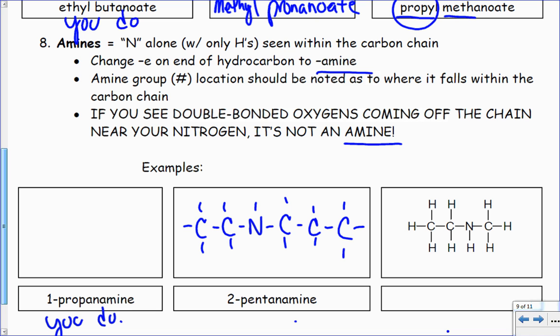Wait, did I have to do it this way? My instincts have changed. Sometimes I overthink things. The N is the second molecule. That's how we do that. So here, this is 2 right away. 2, 1, 2, 3 carbons. 3 carbons is a prop.